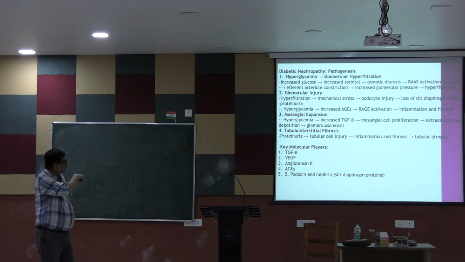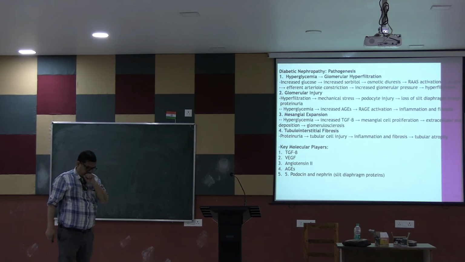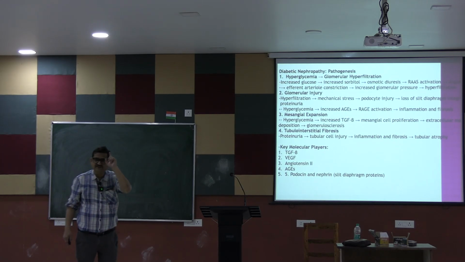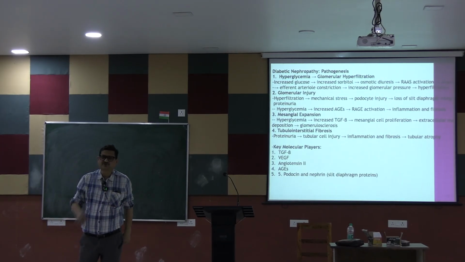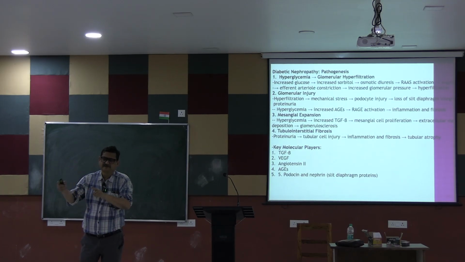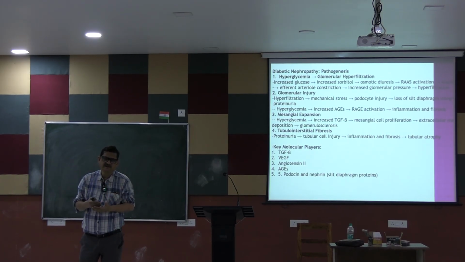So with all these mechanisms, what is the basic process which leads to these complications? First there is vasoconstriction, damage of the cells, inflammation, fibrosis and loss of cells. This pattern is followed everywhere.